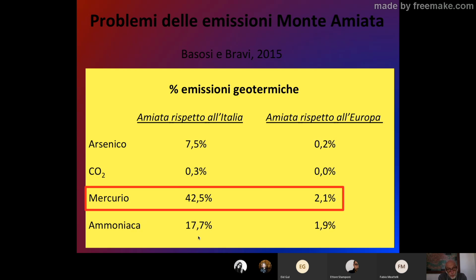This mercury pollution is with the abatement in place, and the abatement systems were put in place about 10 years ago. So before, you can imagine, the mercury emissions were probably 10 times more. But you can imagine with this kind of emissions why the population has such a high content of heavy metal pollutants in the hair, in the blood, and in general in the body.